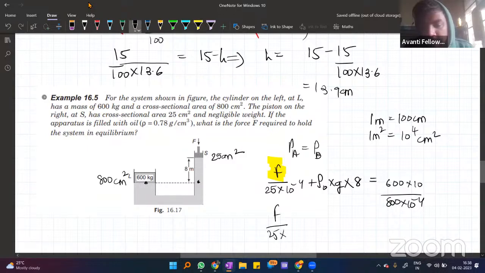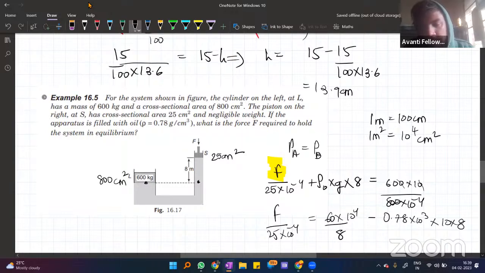F upon 25 into 10 to the power minus 4 equals, 2 zeros and 1 zero will get, these two will get cancelled out. So 60 into 10 to the power 4 divided by 8 minus, into 10 to the power 4 minus rho naught is 0.78 into 10 to the power 3 into G is 10 into 8.